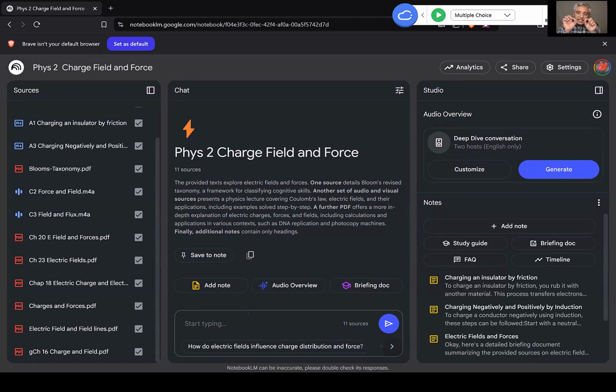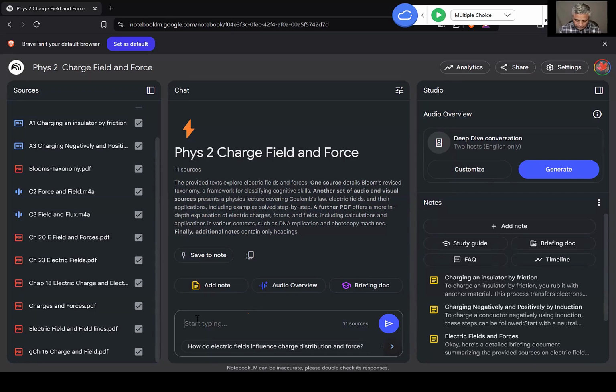I have a charge and I'm trying to find the force on that charge because of the other two charges, right? Can you help me figure out how? So that's how you want to learn, that's how you want to get help, and that's how you want to formulate the question here. That's how I want you to use it.